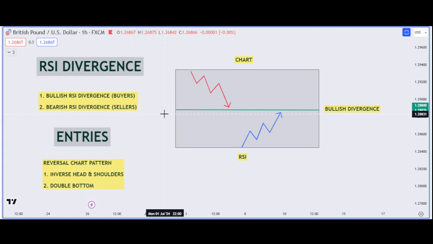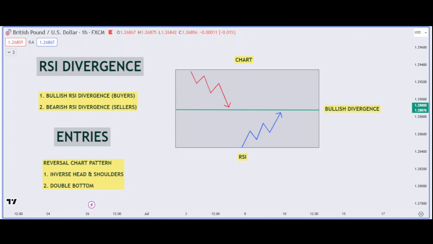The first one that we are going to talk about is the bullish RSI divergence. The bullish RSI divergence represents buyers. Whenever you see bullish RSI divergence, that is an indication that the buyers are about to take charge of the market.